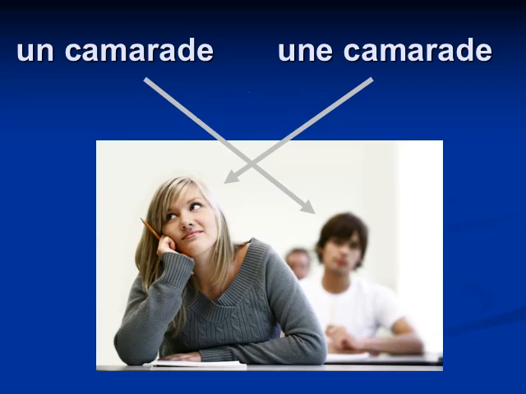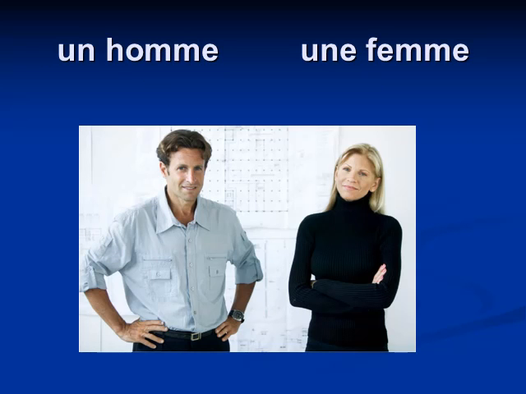Next up, un camarade or une camarade, it's a classmate. It's spelled the same whether it's masculine or feminine. Okay, next up we have un homme and une femme. Un homme is a man, une femme is a woman.